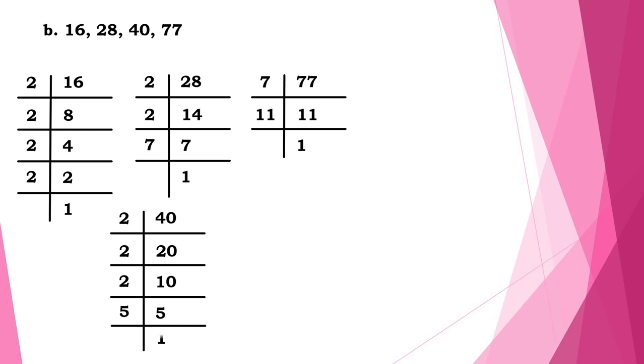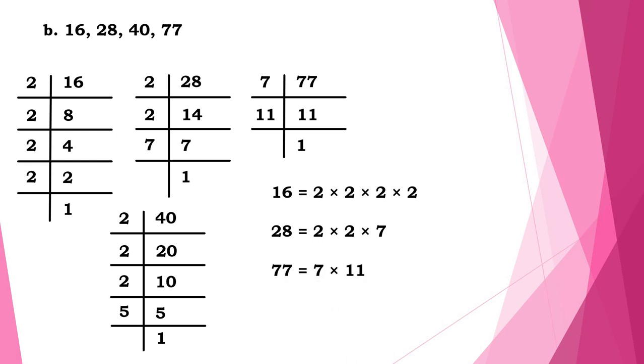So this is the prime factorization of all the numbers. Now we'll write 16 as 2 into 2 into 2 into 2. 28, 2 into 2 into 7. 77, 7 into 11. And 40, 2 into 2 into 2 into 5.